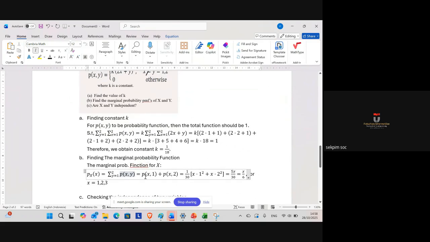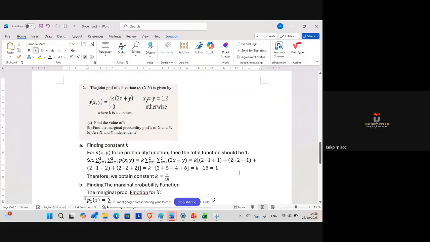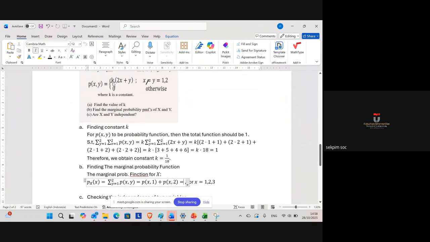This one is px1 and px2, so we just change it. We know that k here is 1 over 18, so we take the constant out. Let x be a variable, so we get 2x plus y.